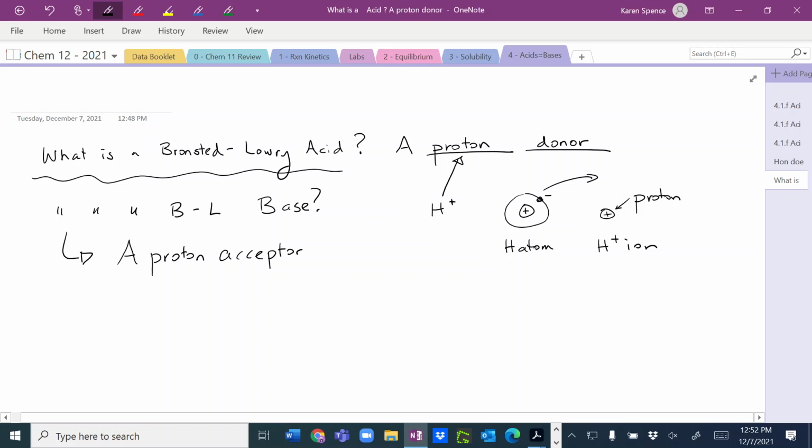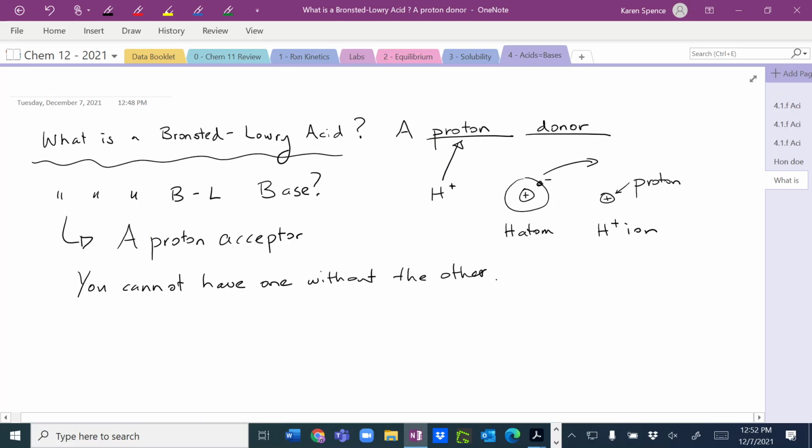You cannot have one without the other. You must have both a Bronsted Lowry acid and a Bronsted Lowry base, because if somebody's donating a proton, they need somebody to take it.